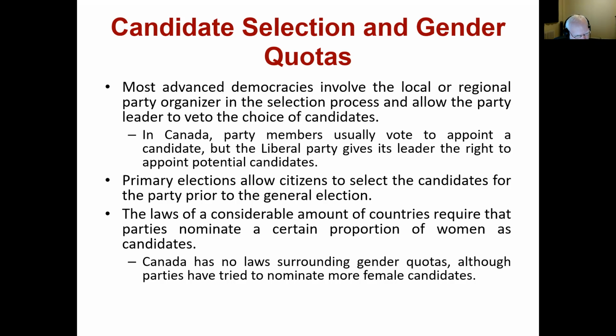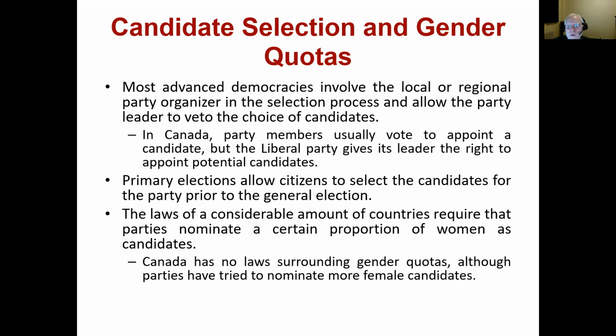But the Liberal Party does give the leader the right to appoint potential candidates. So more than just vetoing, in the Liberal Party, the leader is actually also able to choose candidates in a particular region. It could be for a variety of different reasons. It could be someone the party leader hopes will take on a cabinet position.